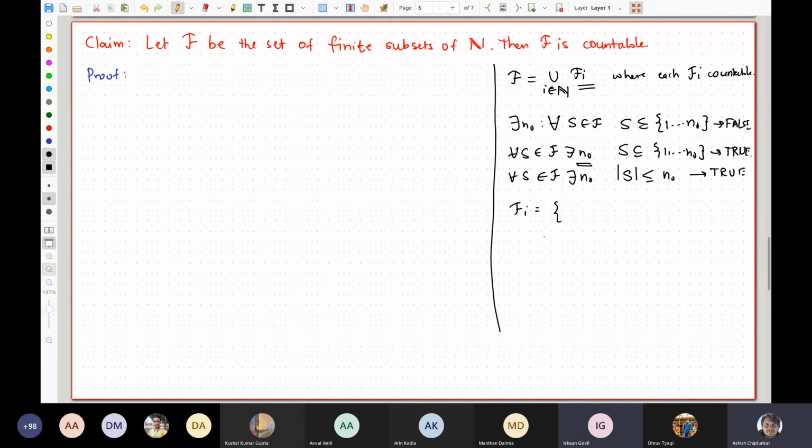Okay, this one. To prove this, we can take the first i prime numbers. No, first of all, no. Hold on. If you are trying to write F as a union of these Fi's, Fi must contain subsets of natural numbers.